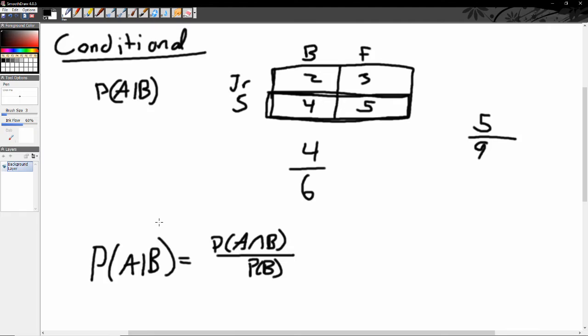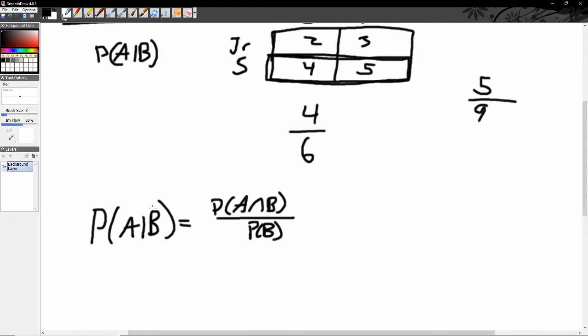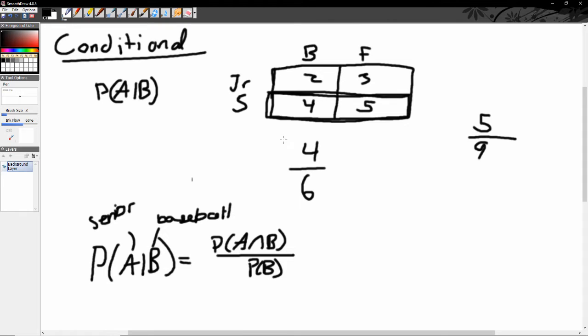So let's go back to our original example where B is the probability that you play baseball and A is the probability that you're a senior. So the probability of A and B, the probability that you're a senior who plays baseball. What you do for this is you go to here, 4. So if you're a senior who plays baseball, you're 4 out of the total here.